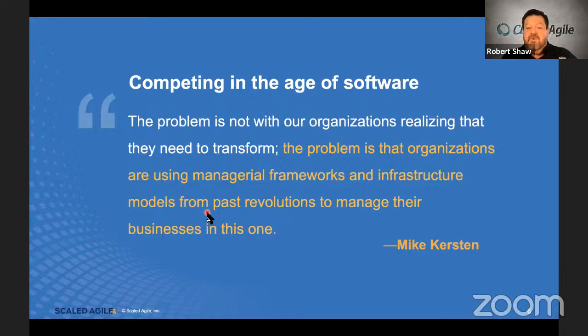So SAFe likes to target the companies that are looking to radically shift and transform their way of operating, the status quo, into how do we modernize and start organizing and lining up our delivery to compete in this digital age.